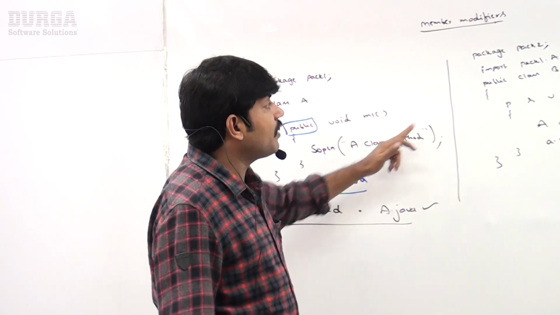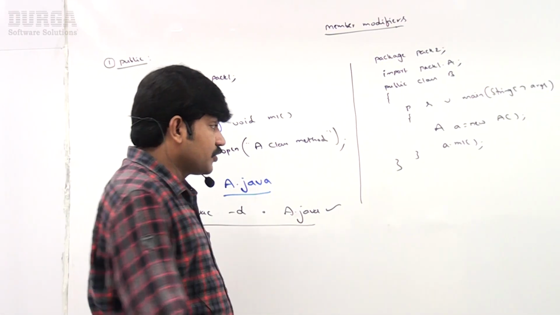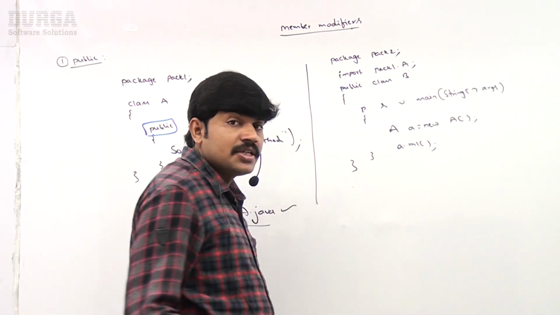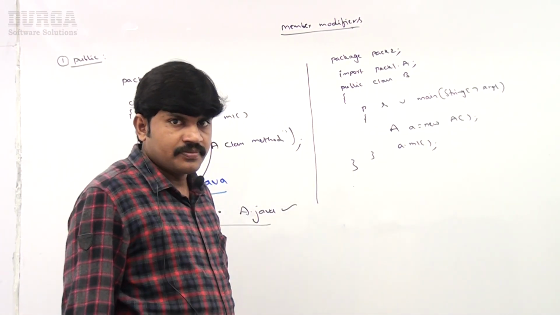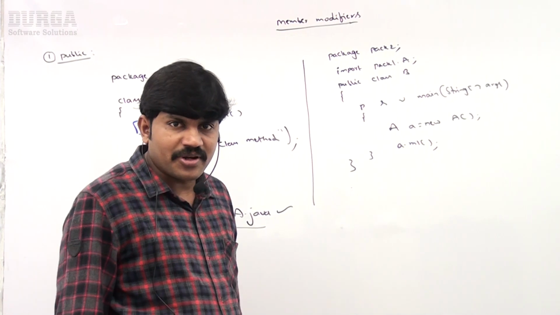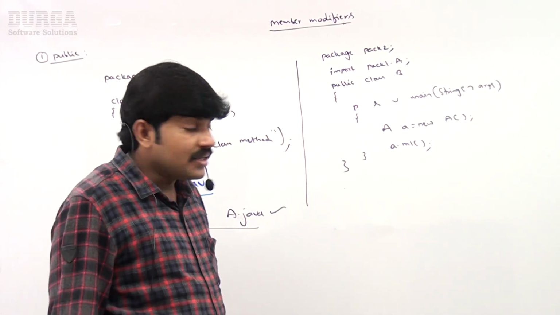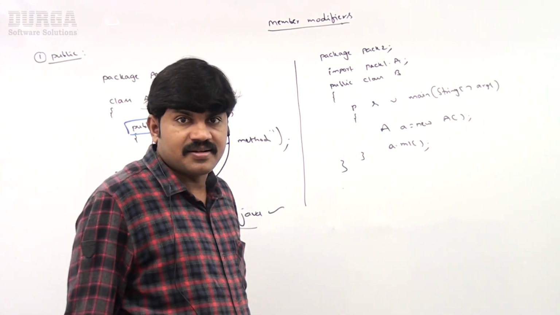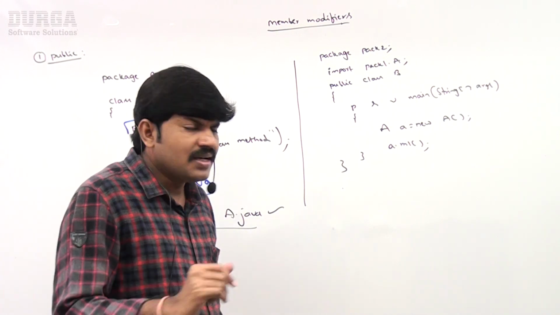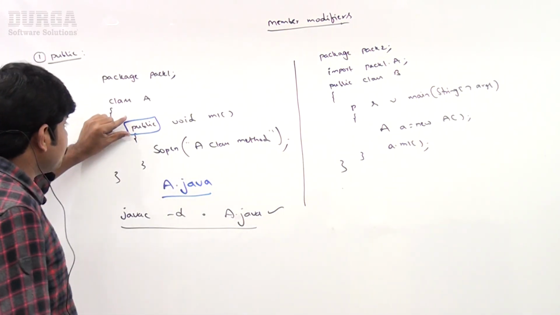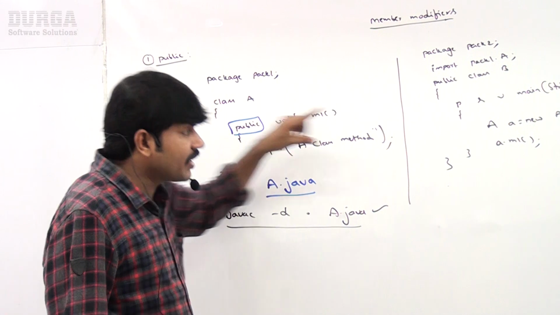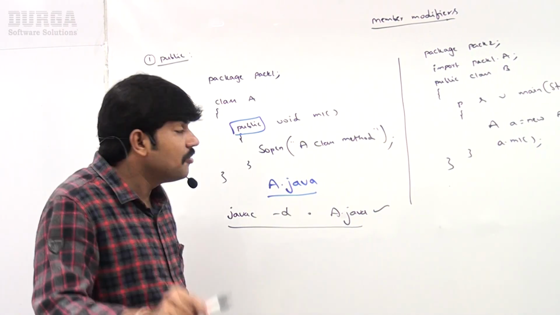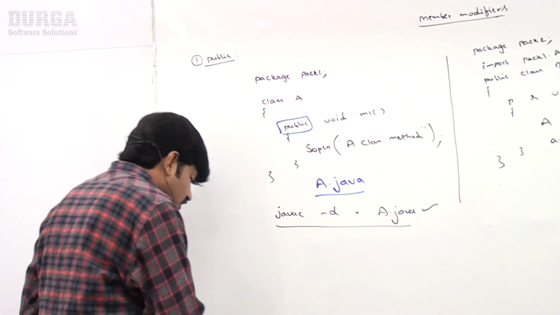But if I compile B.java, can you please tell, is it going to compile or not? Yes, the compiler will give an error. The reason is that m1 is a public method, you can call it, but the corresponding class is not public.